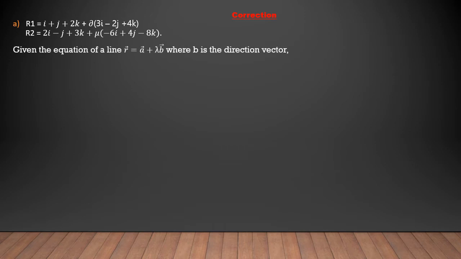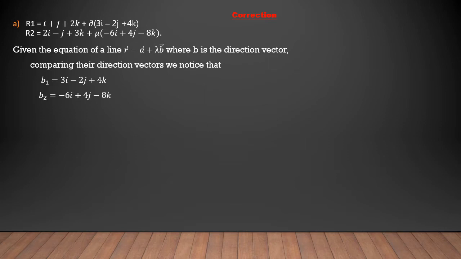So starting, we are going to have the solution of that question. We said line 1 was that and line 2 is that. Firstly, we check our first conditions. Our first condition said the lines are parallel if one has a scalar factor, or if the ratios are a factor of each other. Analyzing this question, we first write the equation of the line, and we notice that the direction vector b1 is 3i minus 2j plus 4k, and b2 is negative 6i plus 4j minus 8k.